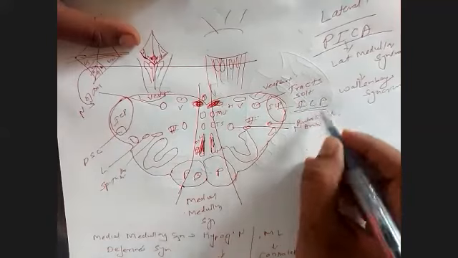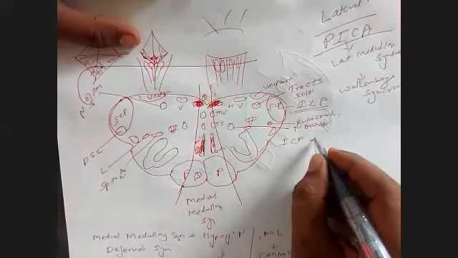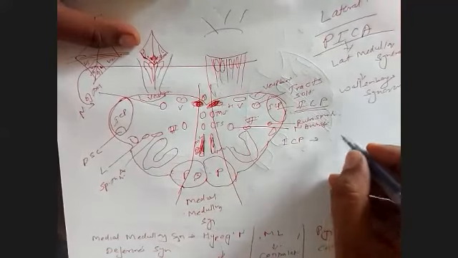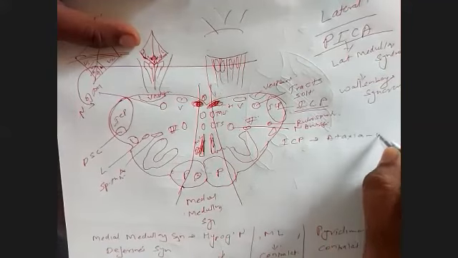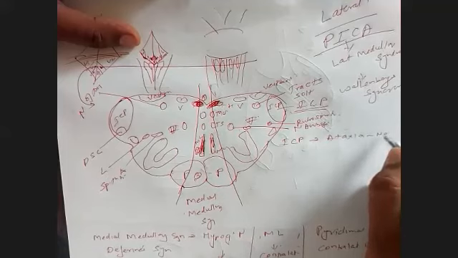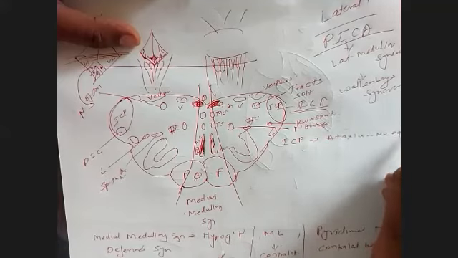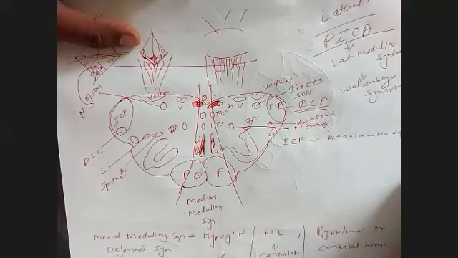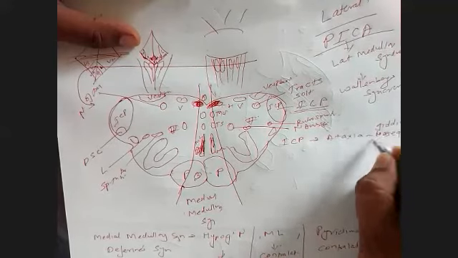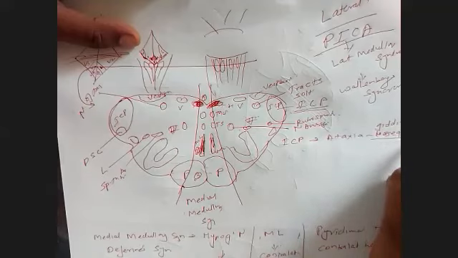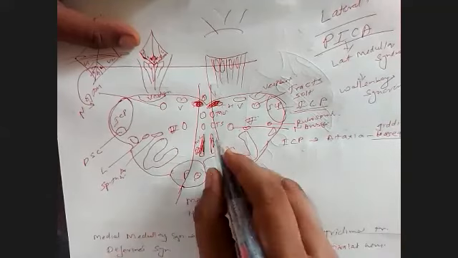What is affected? The inferior cerebellar peduncle. Once the inferior cerebellar peduncle is affected, that leads to ataxia, loss of equilibrium, and giddiness. Then what is affected?